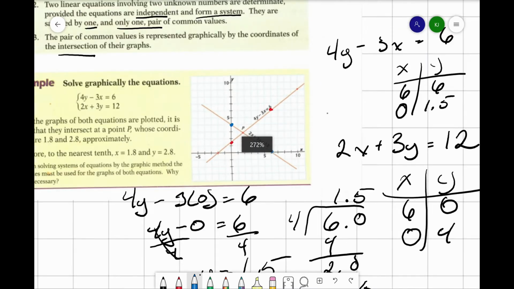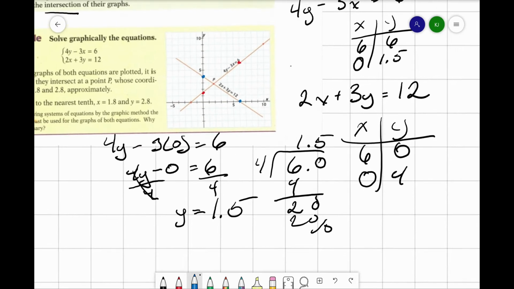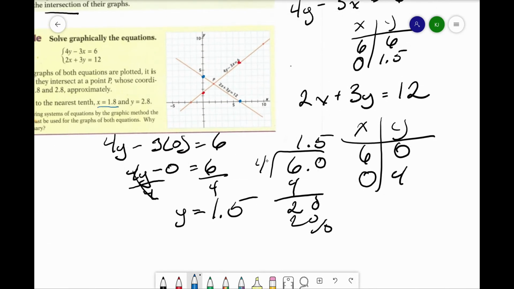Now we have a small advantage here, as the book has already told us that to the nearest tenth, x is going to equal 1.8 and y equals 2.8. So we can already tell that's what P is going to be, where they overlap right there. For both of them, we need 1.8 and 2.8.